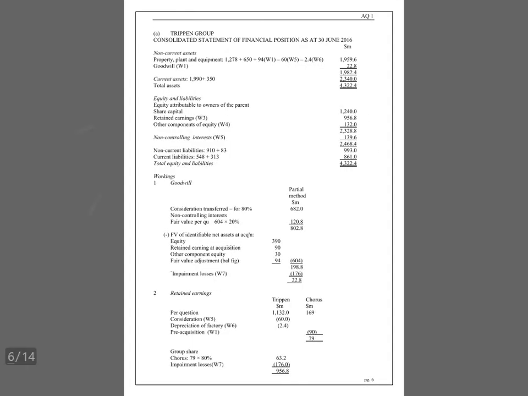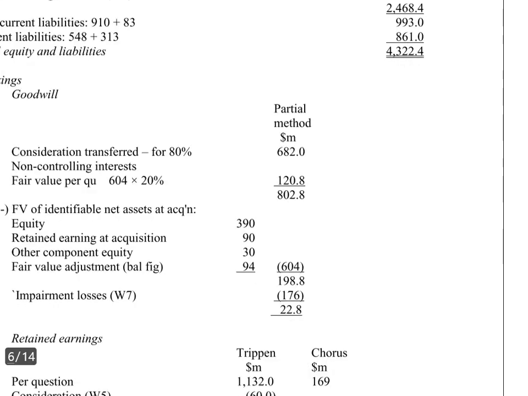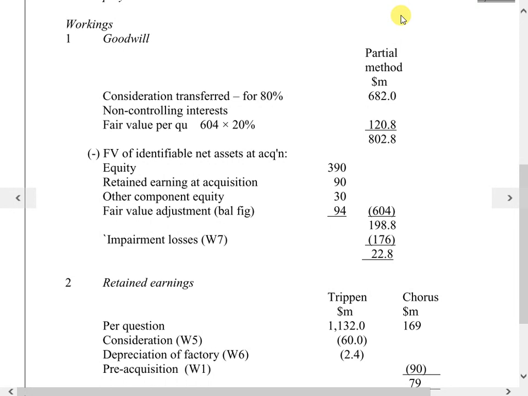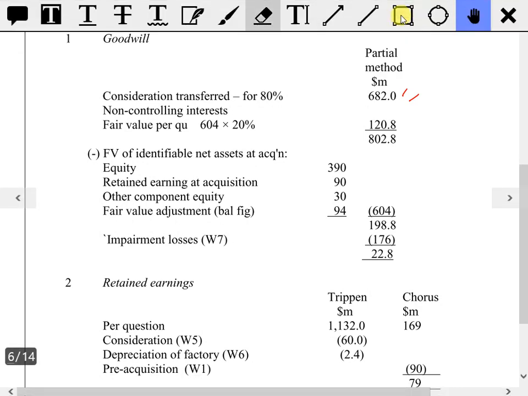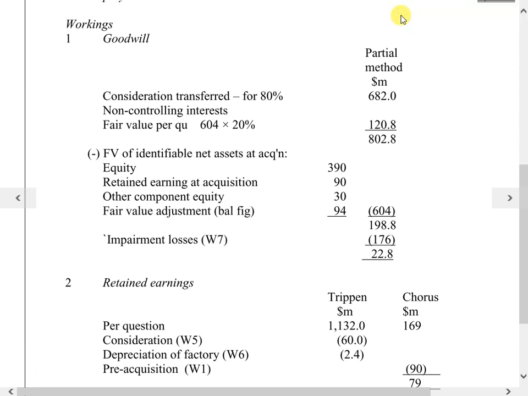Let's audit the answer here. 682. This one, NCI, will be later. We have 3903X, and this is also given.